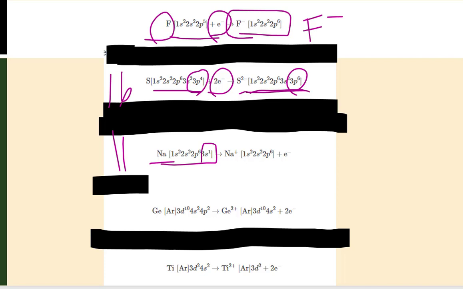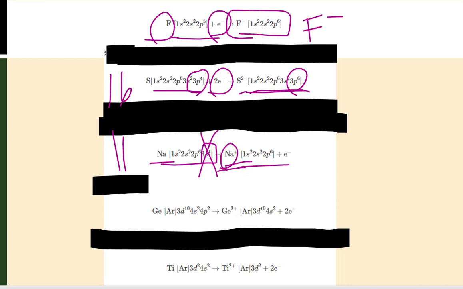So that means to become Na plus, we have to get rid of that 3s1. So we can see here we would then have an Na plus, which is equal to 1s2, 2s2, 2p6. And if you look back, that would be the same electron configuration as the nearest noble gas, which is neon.